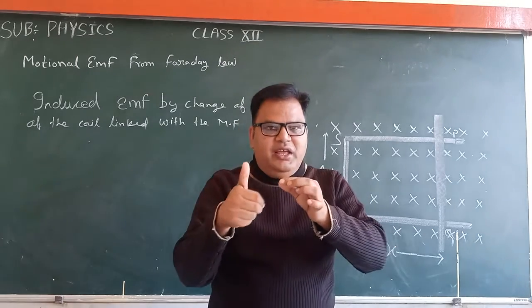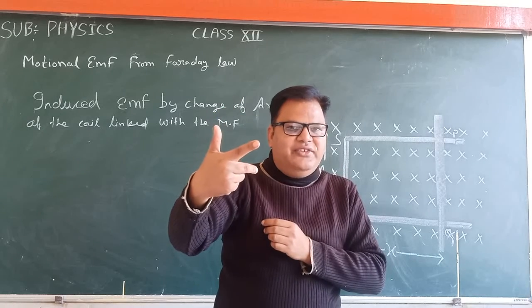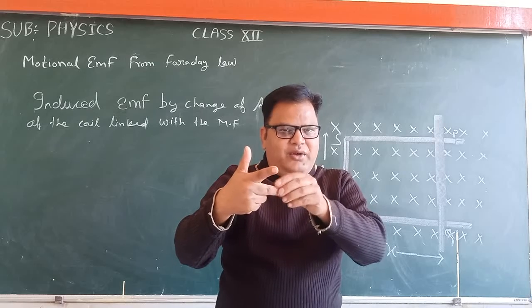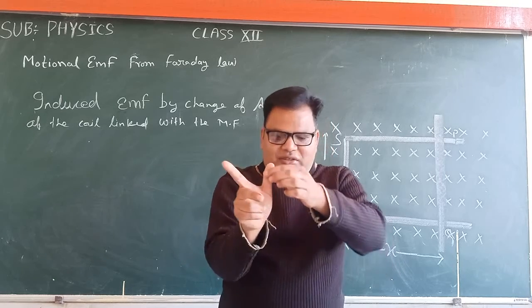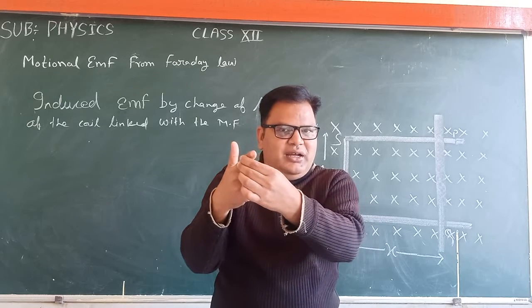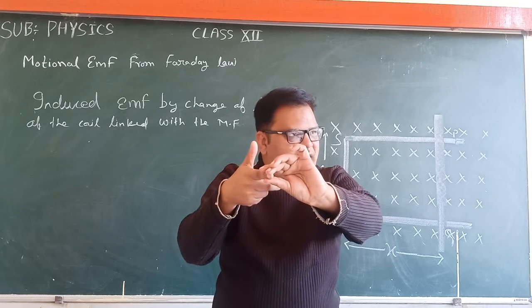Listen carefully. If we hold our right hand in such a way that the thumb, forefinger and middle finger are all perpendicular to each other, the thumb shows the motion, the forefinger shows the magnetic field, and the middle finger shows the current.